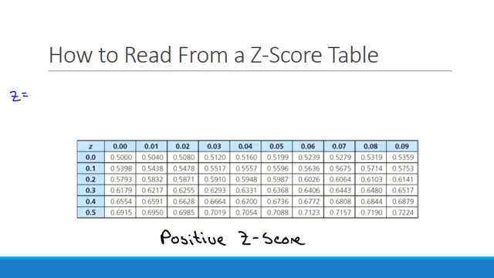So for that z-score, let's think of something like 0.47, I'll say. Same thing, I have to break this up into 0.4 and then 0.07. So here's 0.4, here's 0.07. Look down, look across.